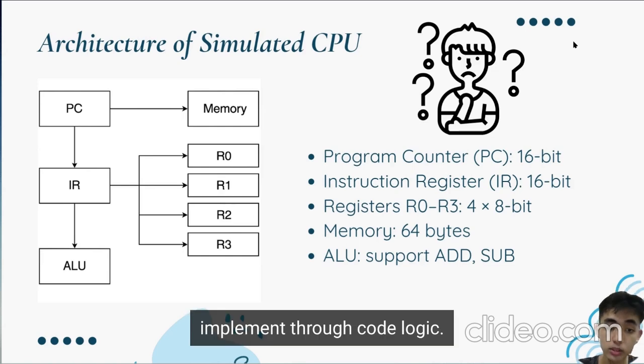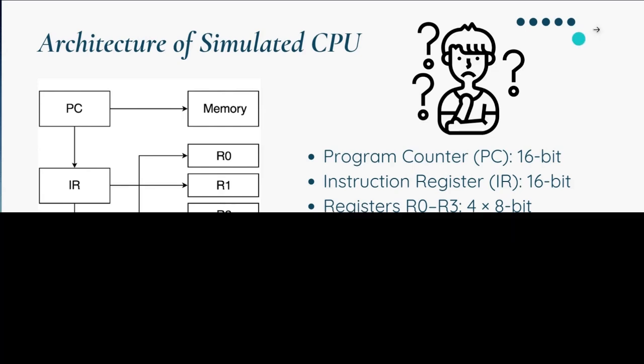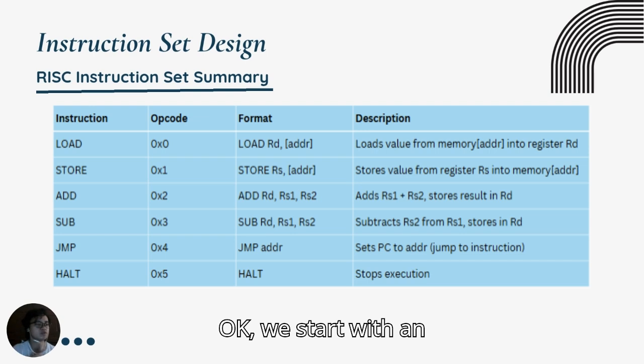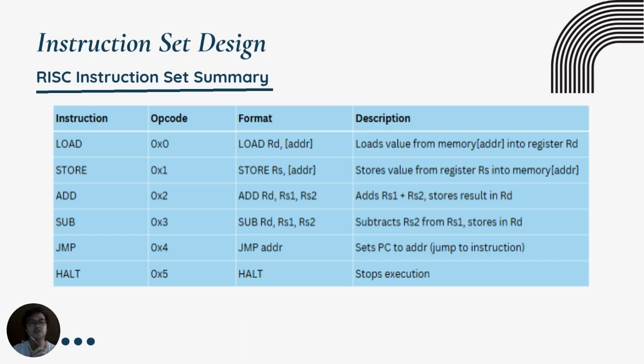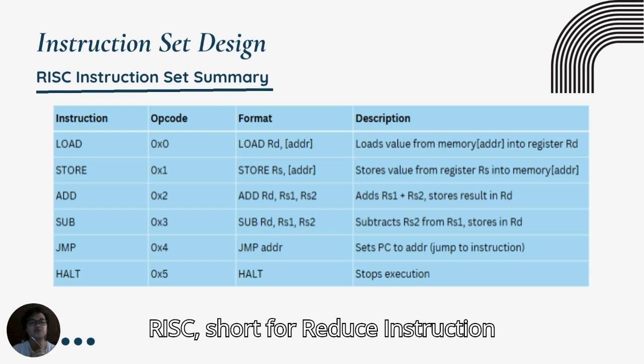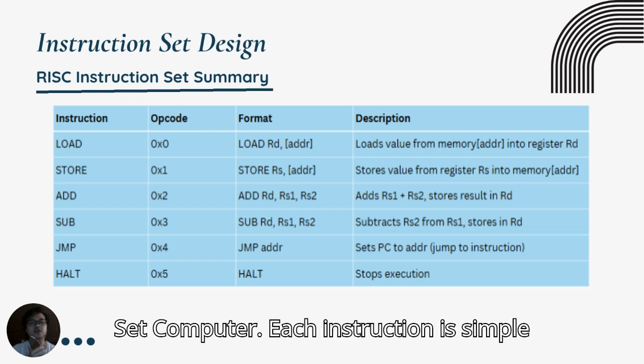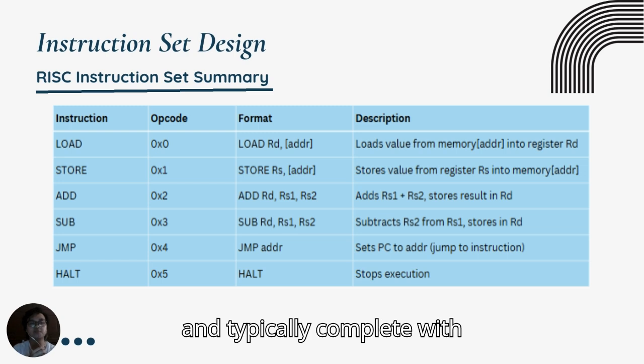Then we implement the code logic. We start with an overview of the supported instructions in RISC, short for Reduced Instruction Set Computer. Each instruction is simple and typically completes in only one clock cycle.